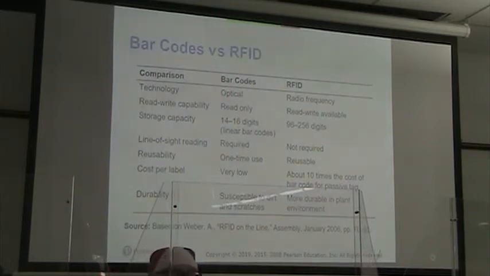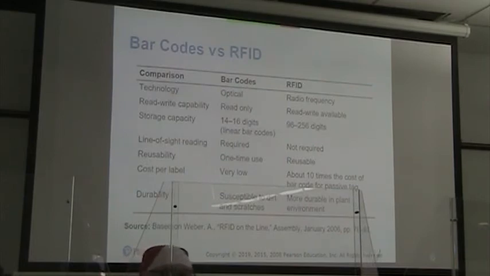The storage capacity is more limited on barcodes, 14 to 16 digits, whereas on RFID it could be 96 to 256. We have to have line of sight for barcodes, but not for radio frequency identification. Barcodes are typically one-time use, whereas RFID chips are reusable.